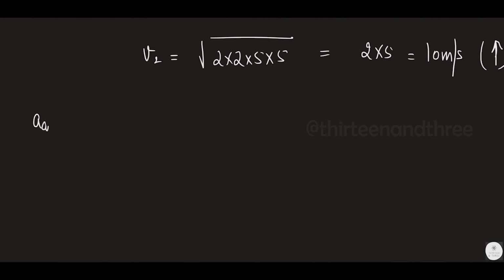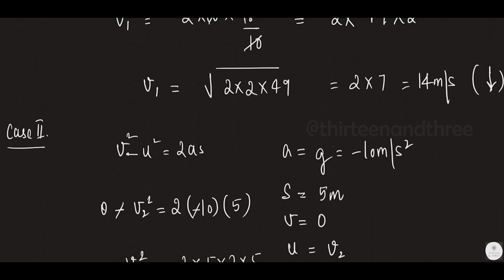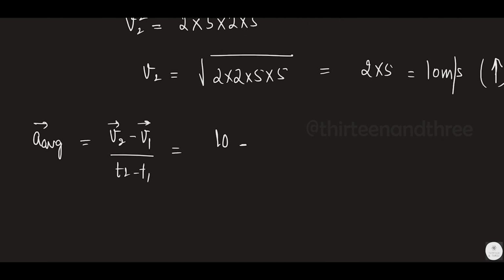Now we need to find this average acceleration, and the formula is (v2 minus v1) vector divided by (t2 minus t1). v2 is 10 meter per second in the upward direction, so positive. v1 is 14 meter per second, and the direction is downward, so we take it as negative, because distances and velocities in the positive y-axis are taken as positive, and in the negative y-axis as negative.